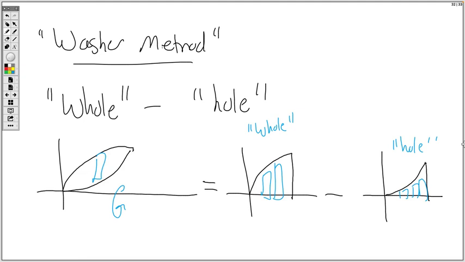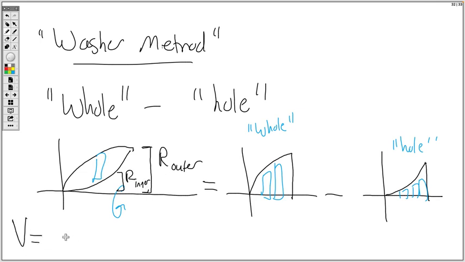Okay. So you can think of, from the axis to the top curve, sometimes I call that the outer radius, which means that the distance here would be the what? Inner radius.